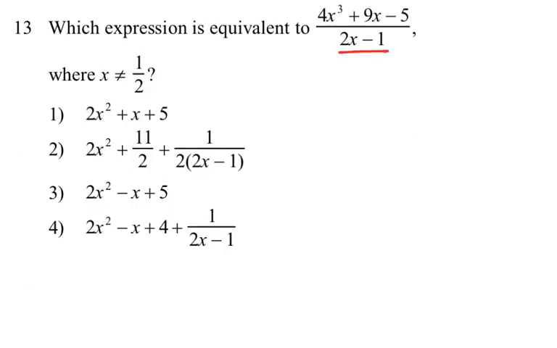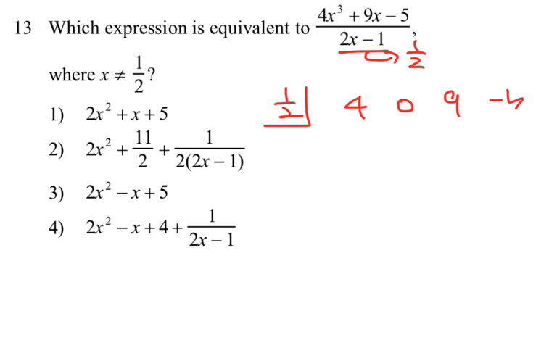Alrighty. Now, number 13. They want us to divide the polynomial by 2x minus 1. So we can use synthetic division using 1/2, because 1/2 is the one that makes 2x minus 1 equal to 0. So I'm putting 4, 0, 9, -5.